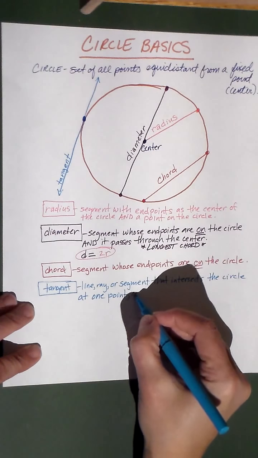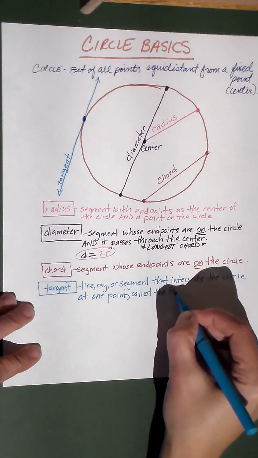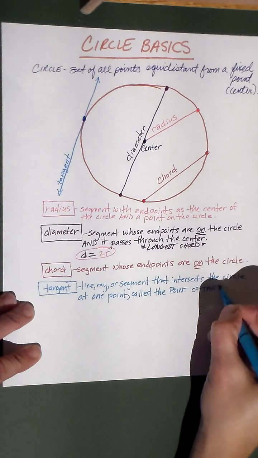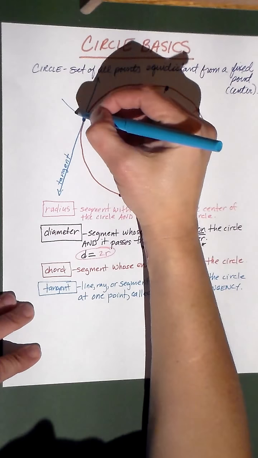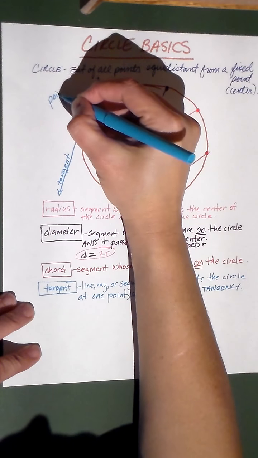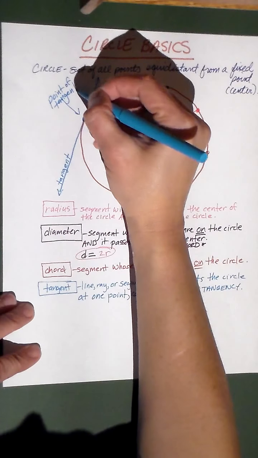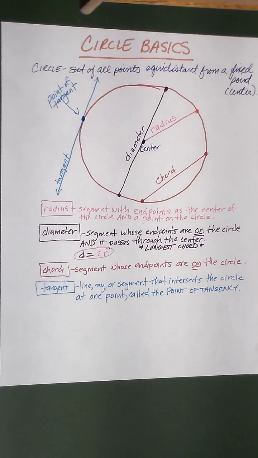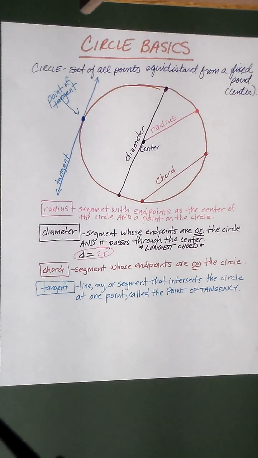And that point is called the point of tangency. So this point right here, that is the point of tangency. That is the point where the tangent actually intersects the circle, okay? So you can see now we've got all these different types of segments and lines and rays that have to do with a circle.